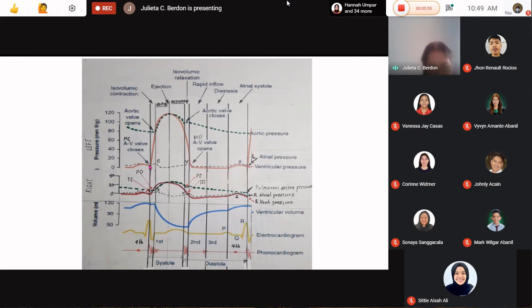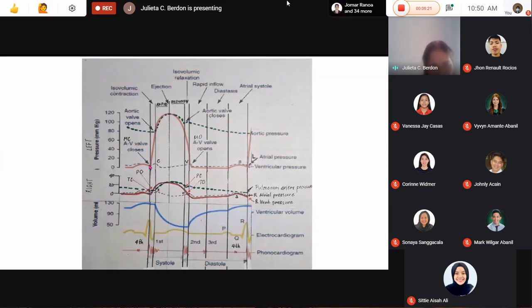Why is it earlier? Because the left bundle branch, its impulse conduction is faster. So therefore, the left will depolarize first, and therefore the contraction of the left will precede that of the right, and that is shown here in our diagram.